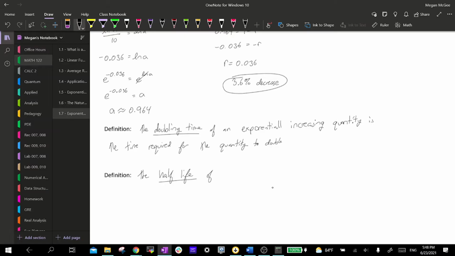So the half-life of an exponentially, this time decreasing function or decaying quantity, well, that is the time required to be reduced by a factor of 1/2.